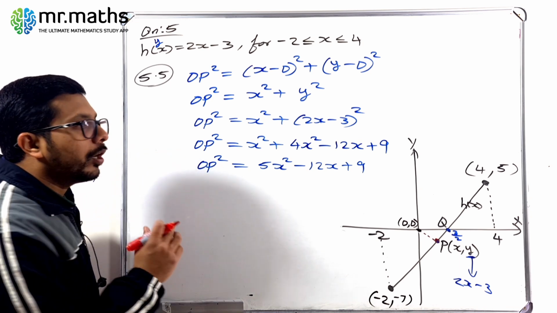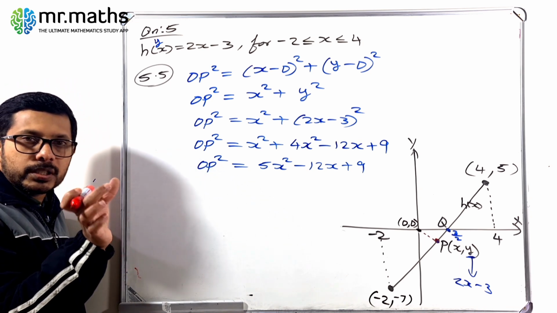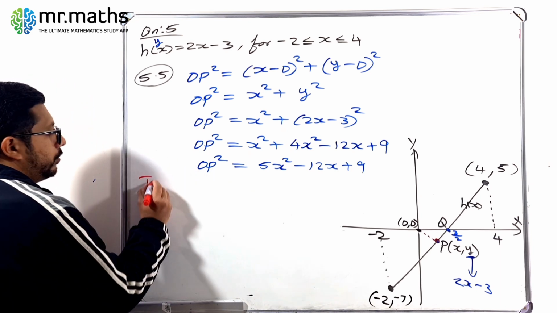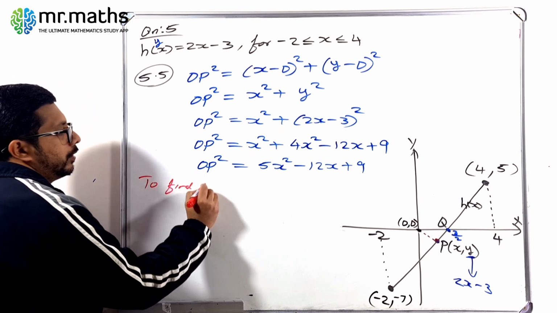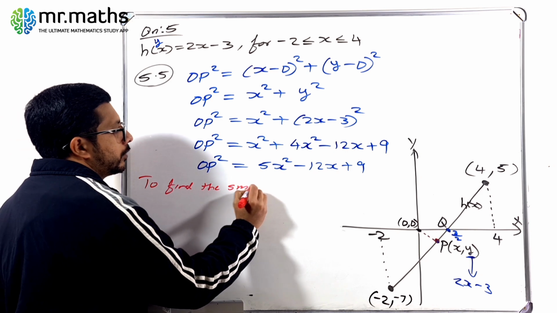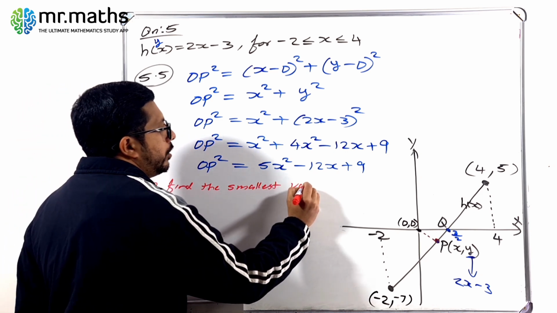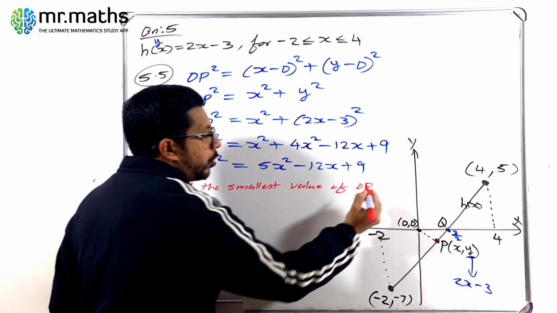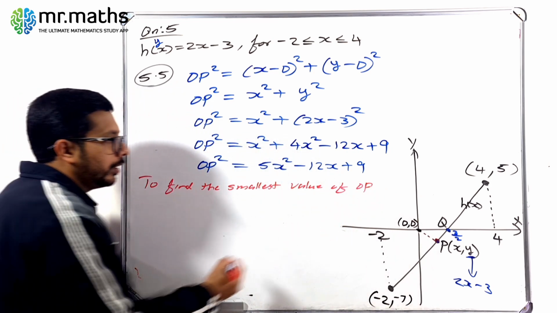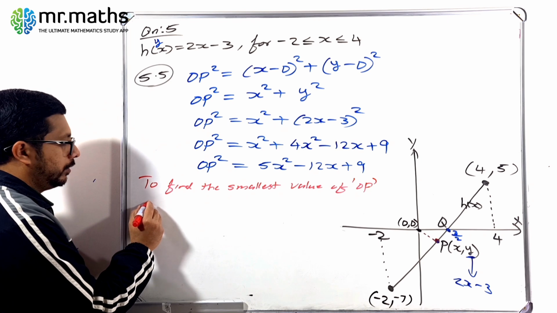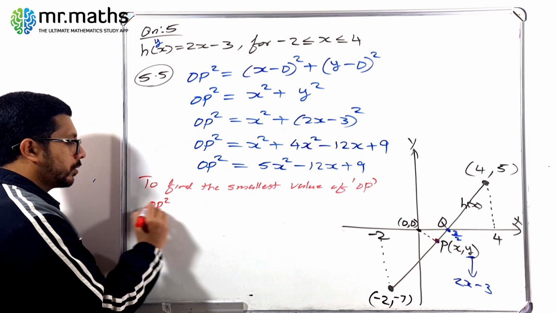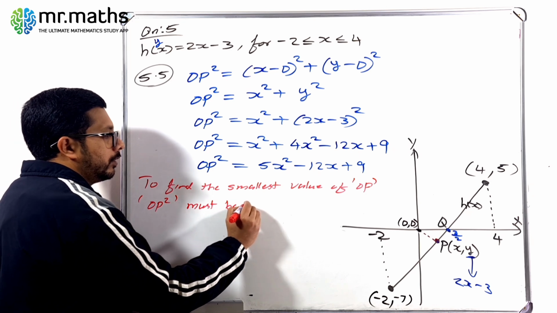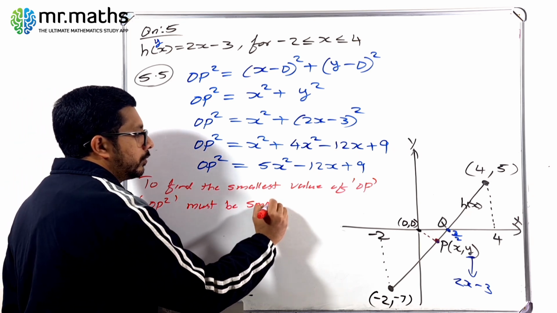We have to find the smallest or closest distance between O and P. To find the smallest value of OP, that is our question, OP square must be small.